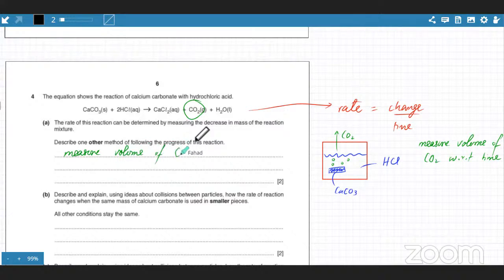You can collect CO2 gas in a gas syringe.